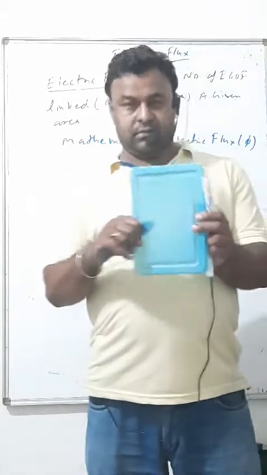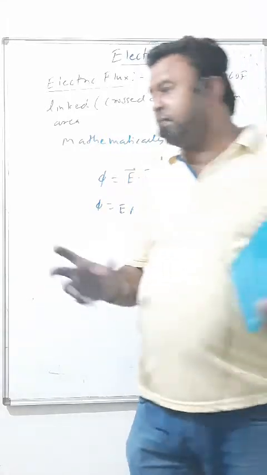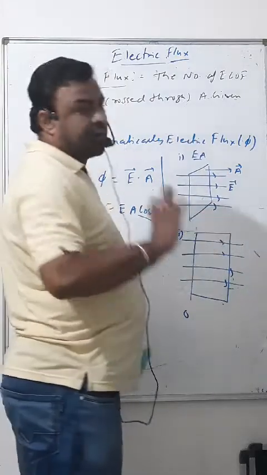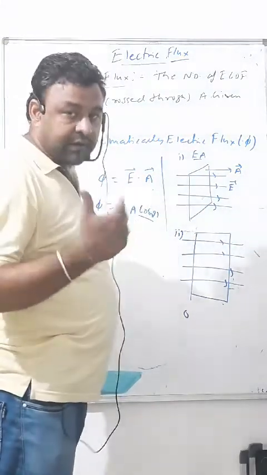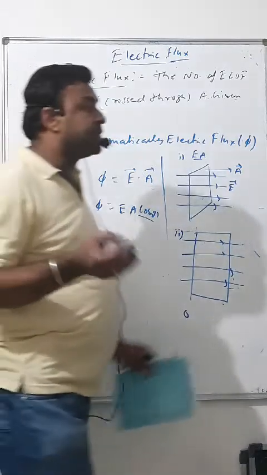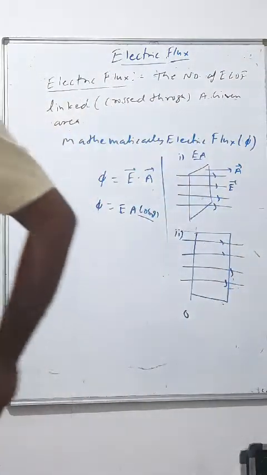Now in between, from 0 to 90, the flux will be changing from EA to 0. This definition will help us a lot. Now this definition gives the mathematical meaning of electric flux.